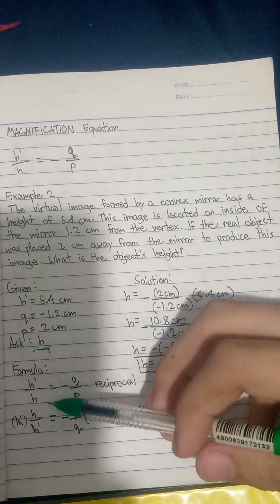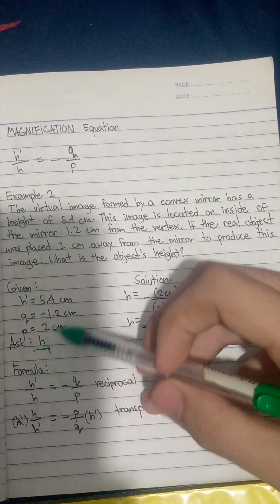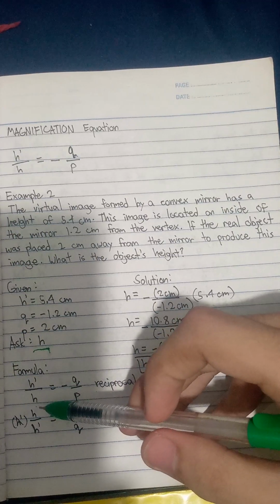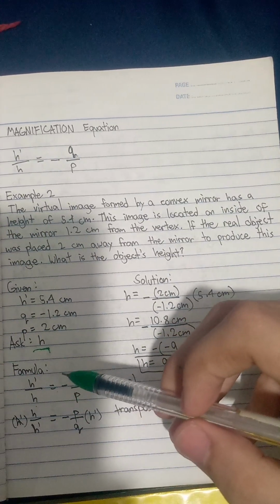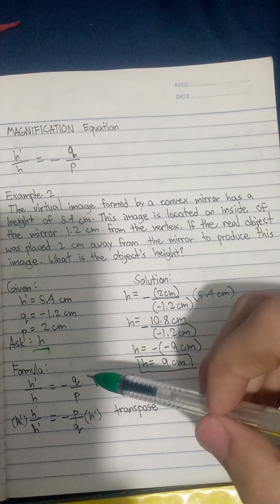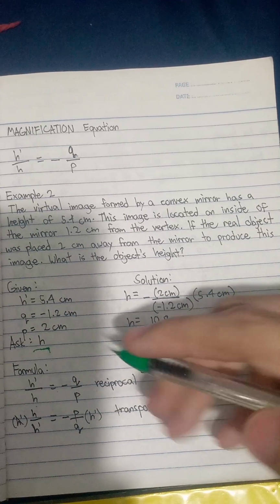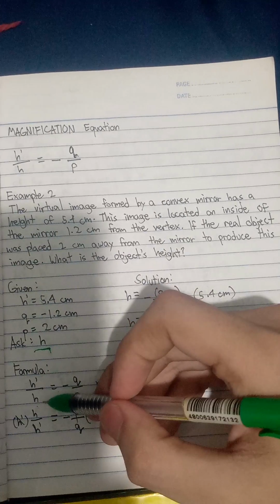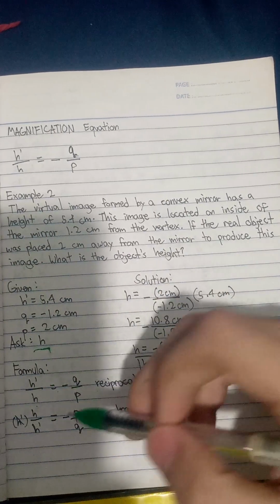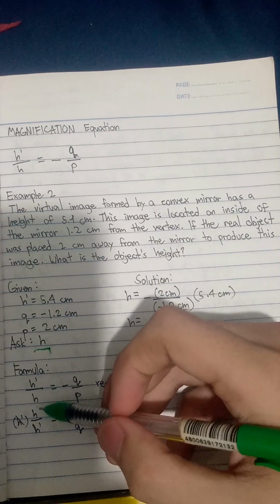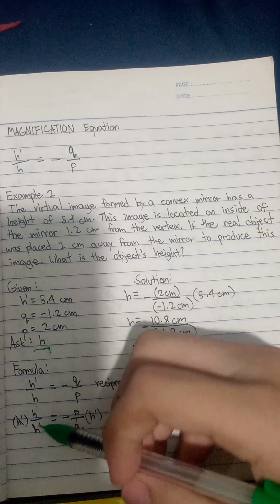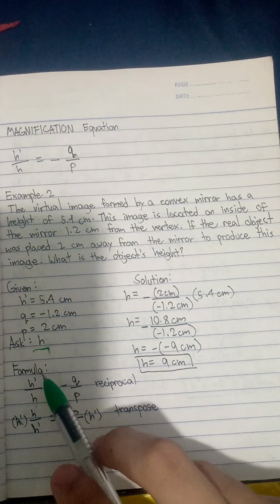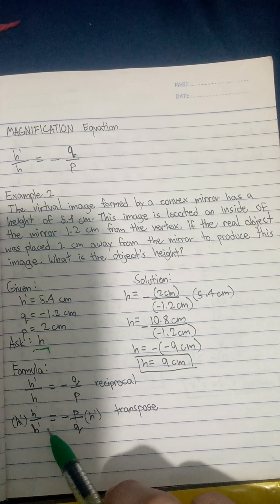Because h is in the denominator, we need to take the reciprocal so that we can transpose h apostrophe to the other side and isolate h. We can't transpose h apostrophe if h apostrophe is in the numerator. When we take the reciprocal, the h will go to the numerator and h apostrophe to the denominator.